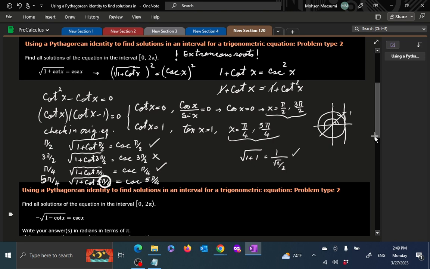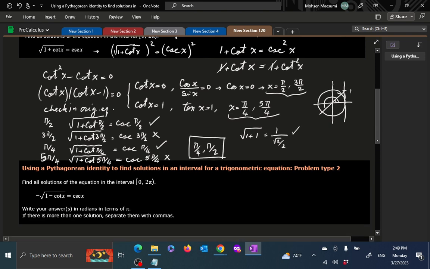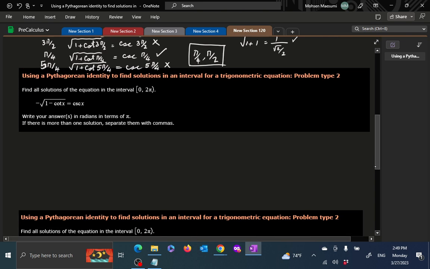The square root of no number turns out to be a negative number, so this is also falling out of favor. The only answers that are acceptable are pi over 2 from this category and pi over 4 from the other category. These two are the survivors, the others fell out.